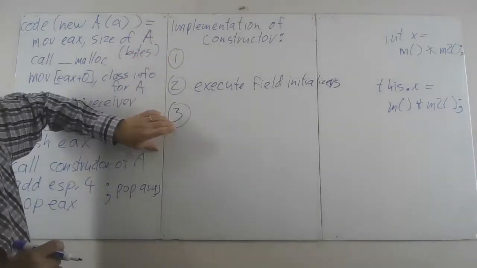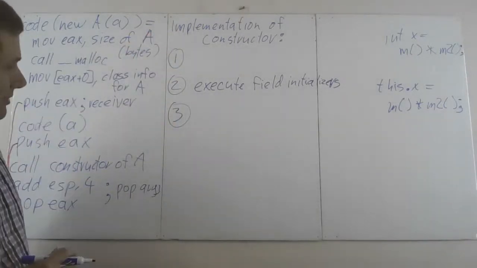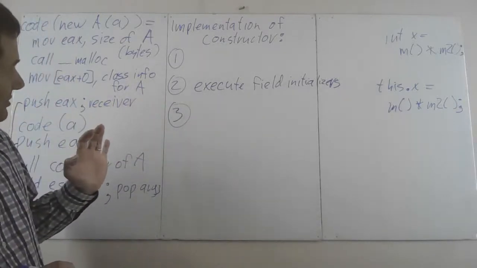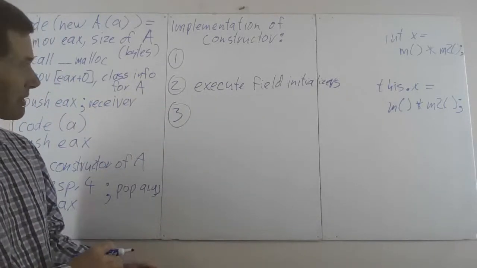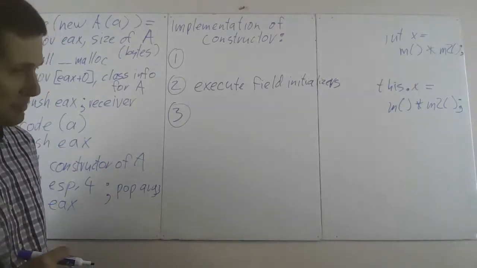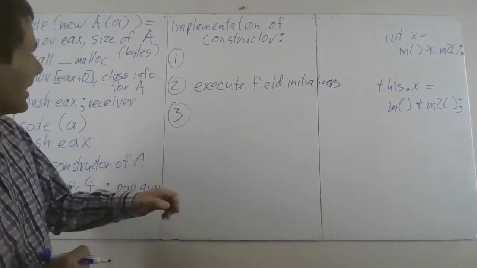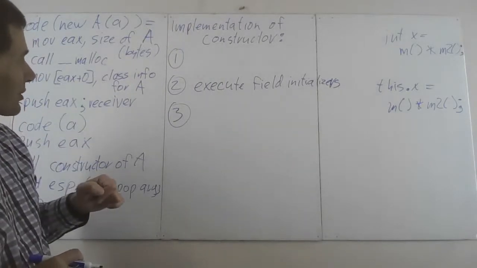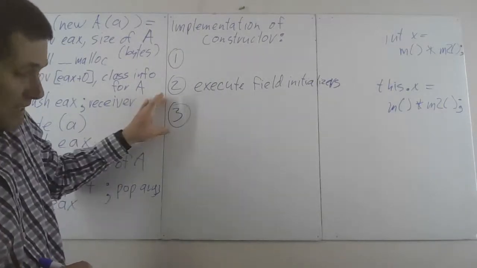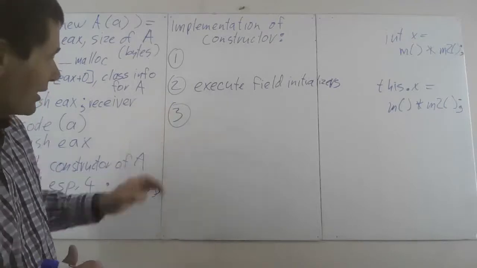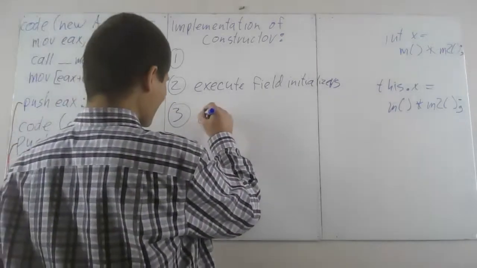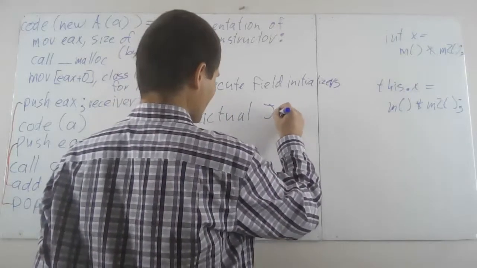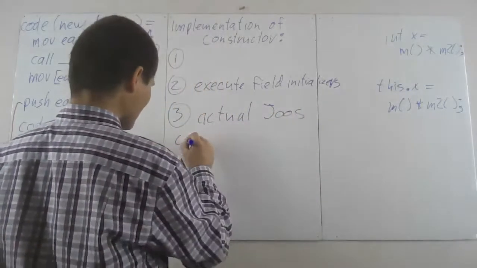So what about steps 1 and 3? Well, step 3 is kind of obvious, or maybe obvious in hindsight. In the machine language implementation of my constructor, I should include the actual Juice constructor body.